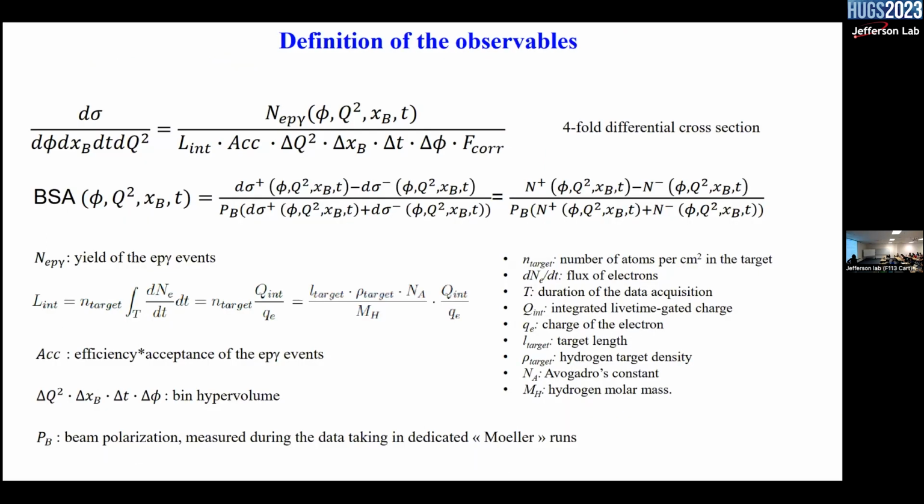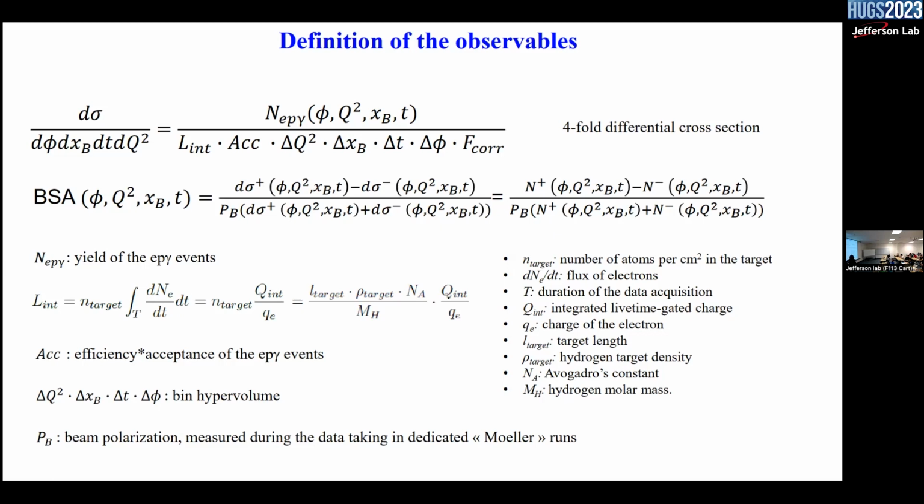Coming to the observables, I showed you in my previous lectures that we can measure different sorts of observables and get information on GPDs from them. So there are the cross sections, for instance.